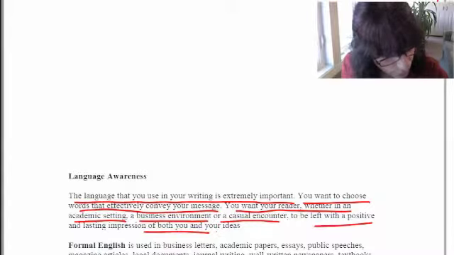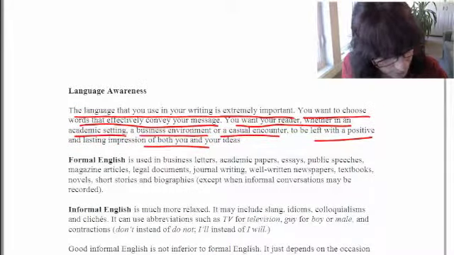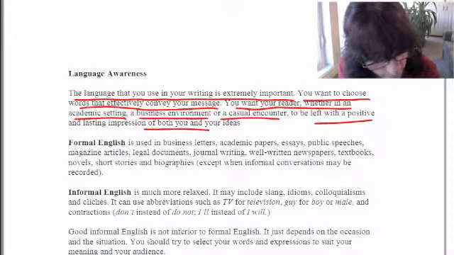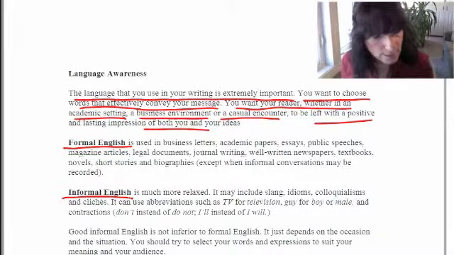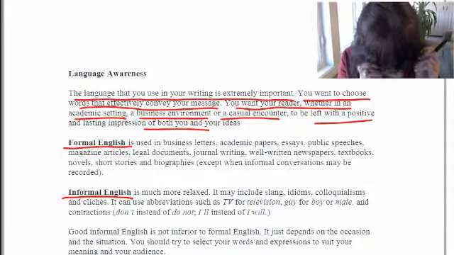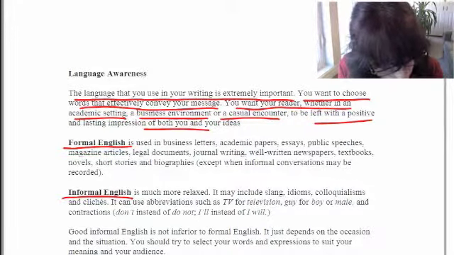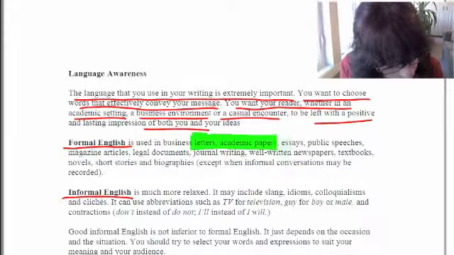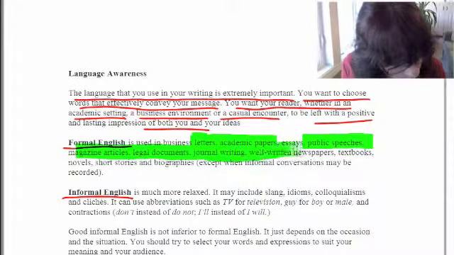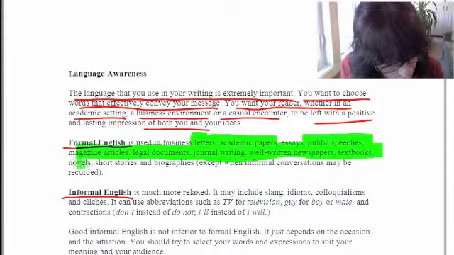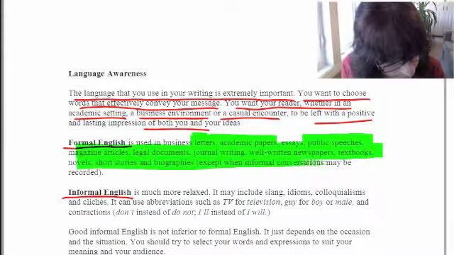So there are two types of English. One is called formal English, and the other one is called informal English. Now let's take a look at the differences between them. Formal English is used in business letters, academic papers, essays, public speeches, magazine articles, legal documents, journal writing, well-written newspapers, textbooks, novels, short stories, and biographies.